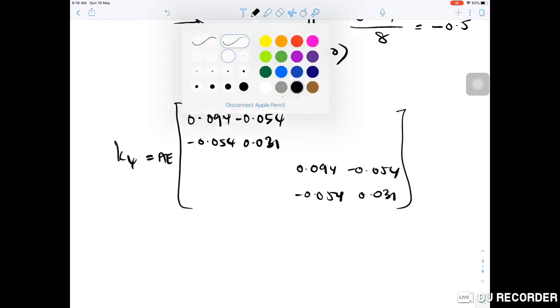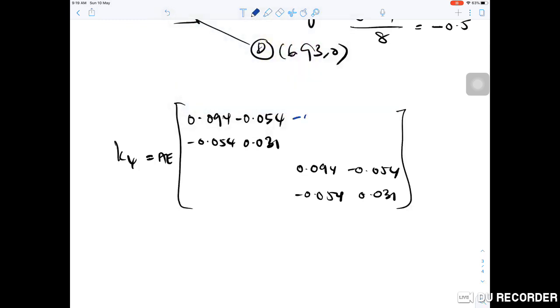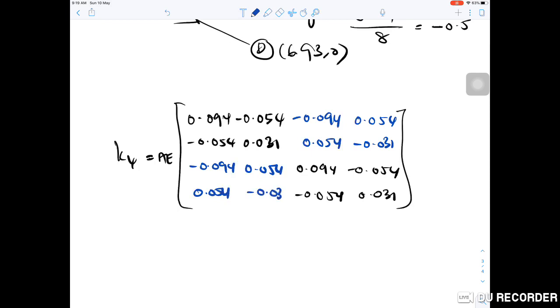So the next values are negative 0.094, positive 0.054, positive 0.054, and negative 0.031. Again, the same values: negative 0.094, 0.054, 0.054, and negative 0.031. What is most important is the label.